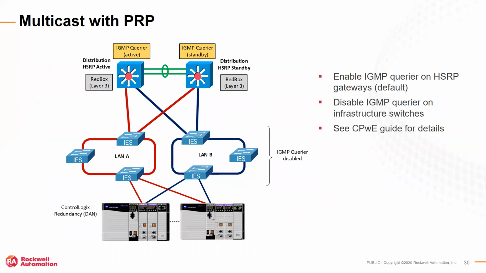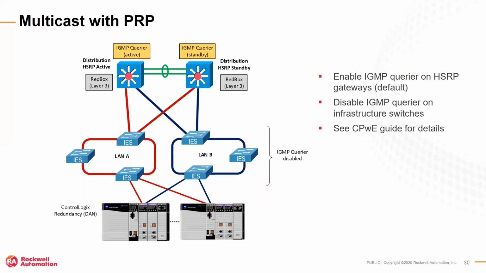Multicast is supported. Multicast is a technology that we use quite a bit in ControlLogix redundancy and also controller-to-controller communications. This is an example of how a PRP network could use multicast.